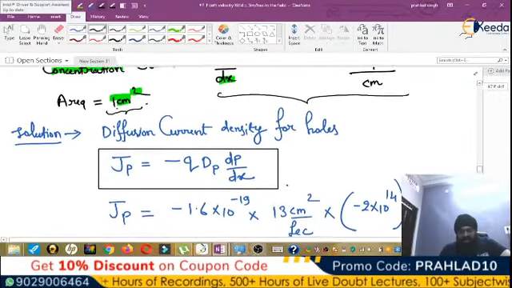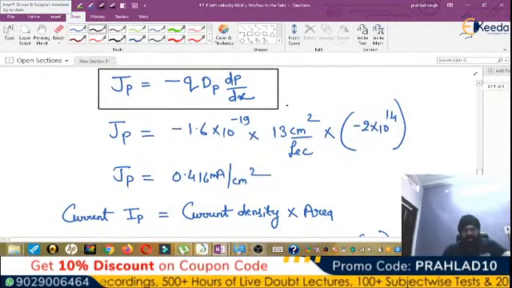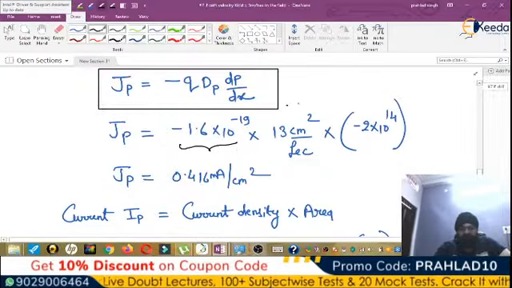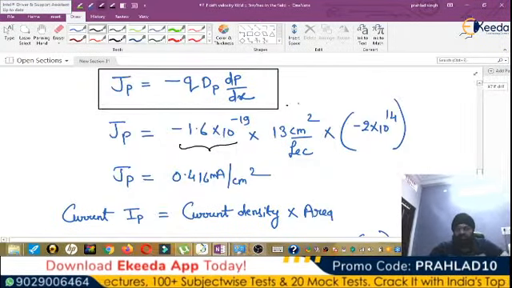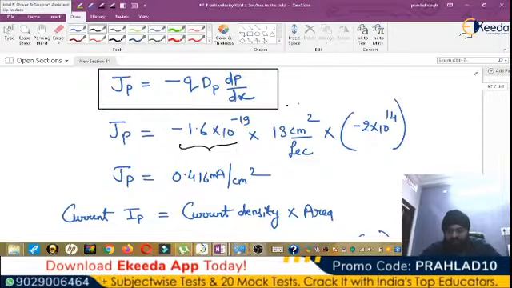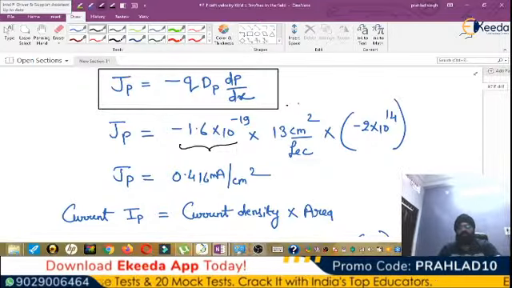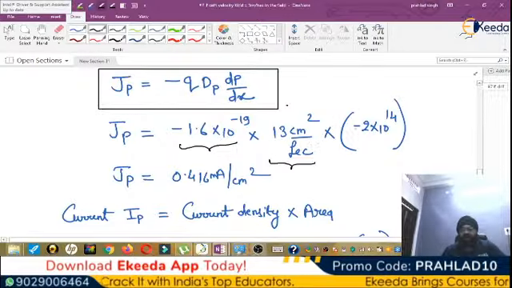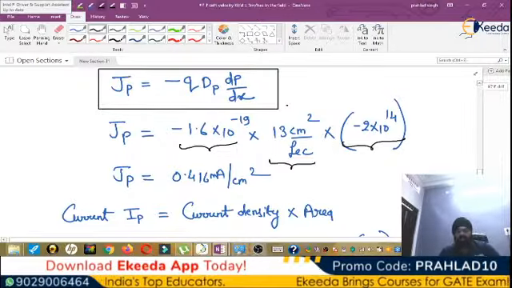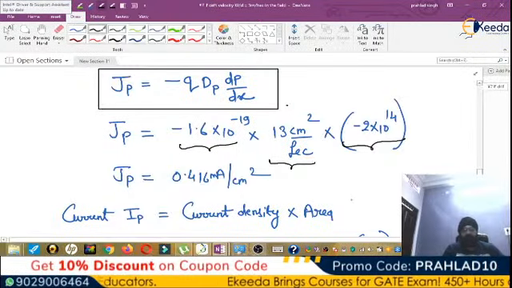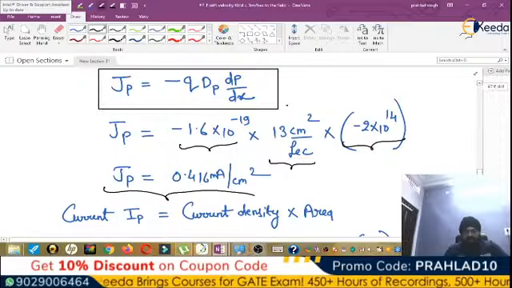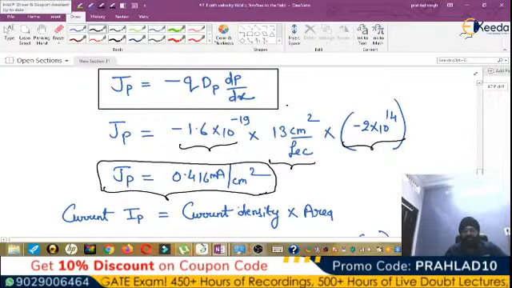So this is the diffusion current density, and this is minus of 1.6 into 10 raised to power minus 19, into Dp, which is given as 13 centimeter square per second, and dp over dx is given as minus 2 into 10 raised to power 14. So this is 0.416 milliampere per centimeter square. So this is our required answer.